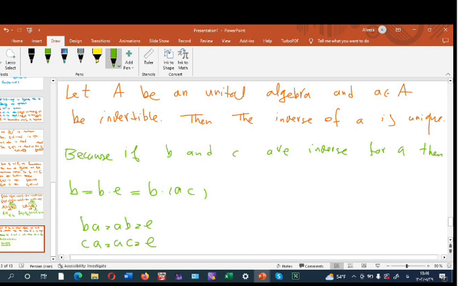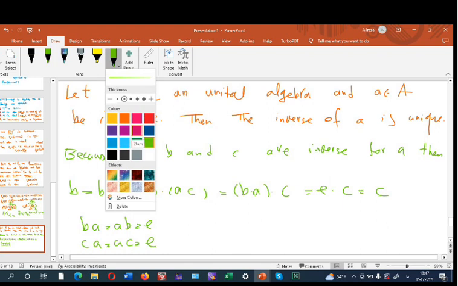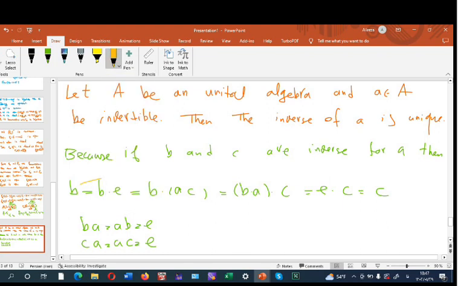But by associativity, this equals ba multiplied by c, and ba equals e again, so this is equal to ec, and this is equal to c, so that b must be equal to c. And the inverse of any element in any unital algebra is unique.